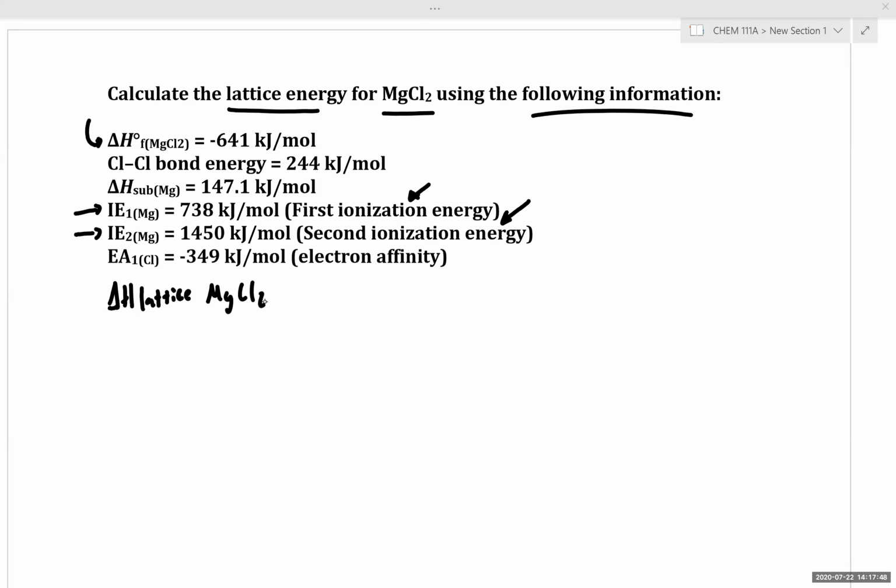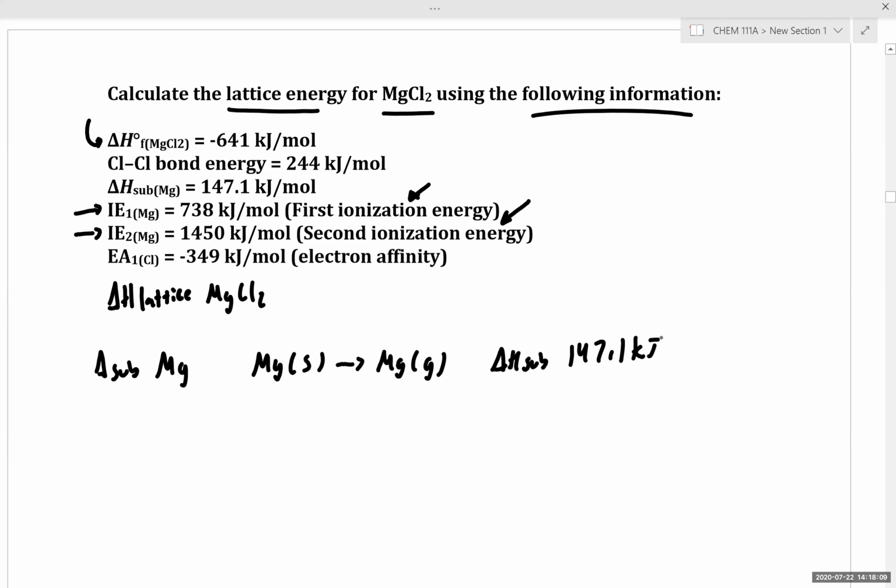Okay, so let's discuss this example. First, let's put together each of our component steps. The enthalpy of sublimation for magnesium, we're going from magnesium solid to magnesium in the gas phase. This enthalpy of sublimation is 147.1 kilojoules. The enthalpy associated with our first ionization energy for magnesium, we're going from magnesium in the gas phase to magnesium plus in the gas phase.